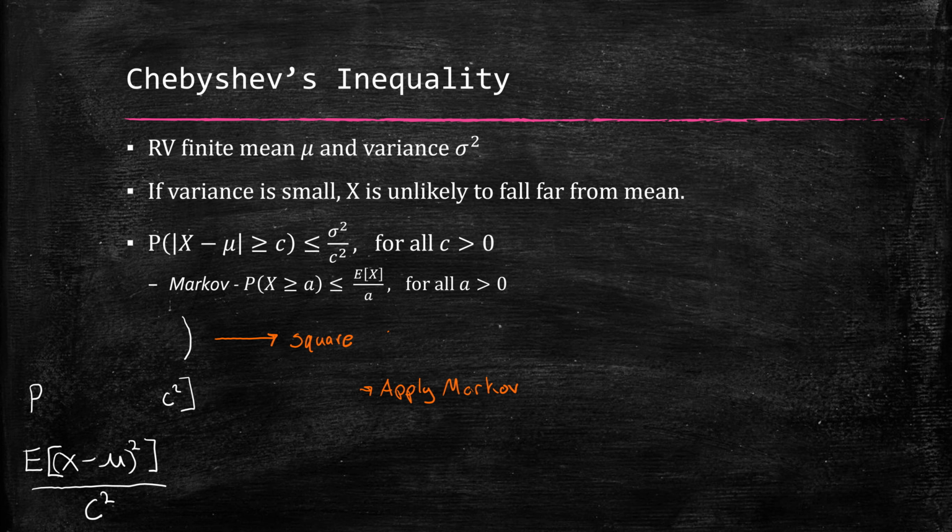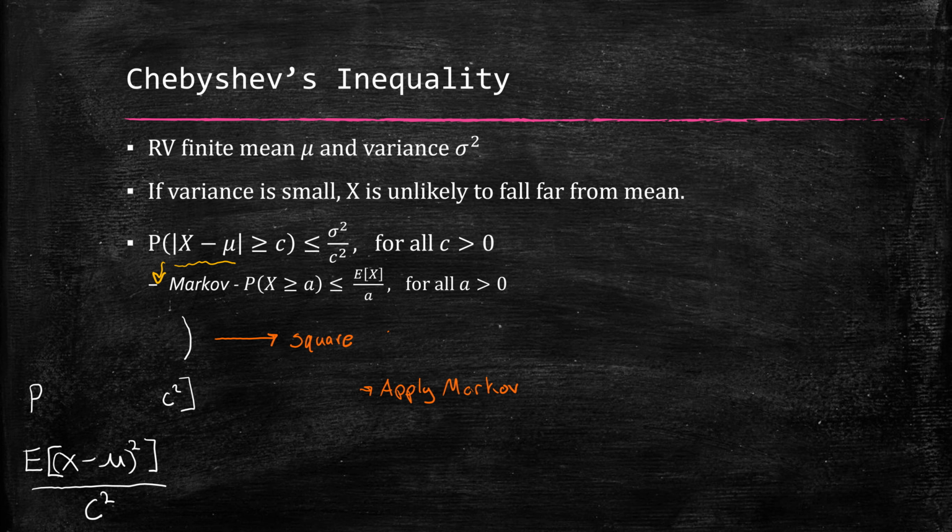The probability that the absolute value of x minus mu is greater than or equal to c is less than or equal to sigma squared over c squared for all non-negative c. And we're going to be applying Markov's inequality here, so that's why we've got it.